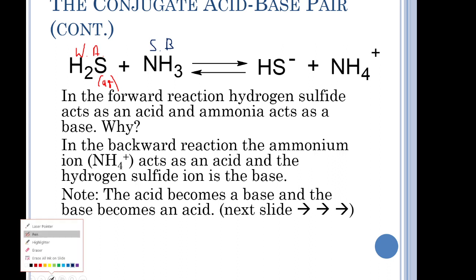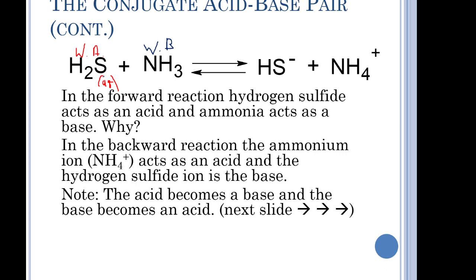Under Bronsted-Lowry conditions, this is going to donate a proton to this. And we get this product over here. I gave up a positive, now I'm HS-. I gained a positive, and now I'm ammonium.